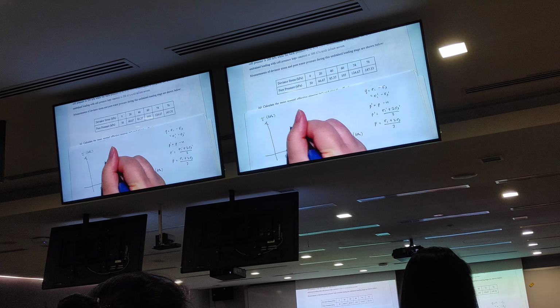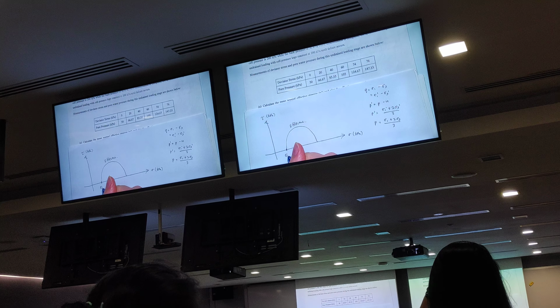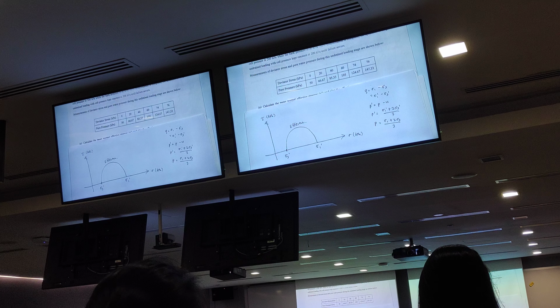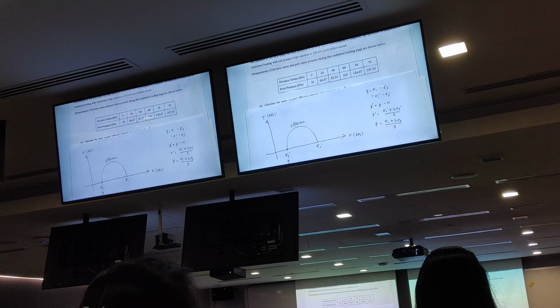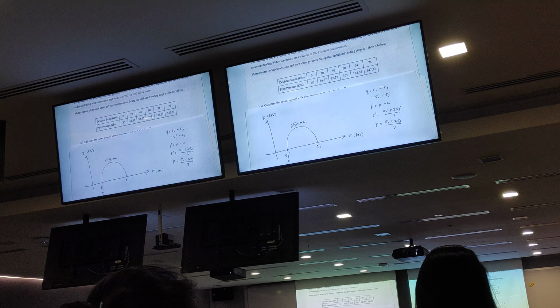If this is your effective Mohr circle, this is always sigma 3 prime, and this is always sigma 1 prime. Correct? Then in your triaxial, this sigma 3 prime is actually the effective cell pressure, which equals your cell pressure minus your back pressure. Is that clear?